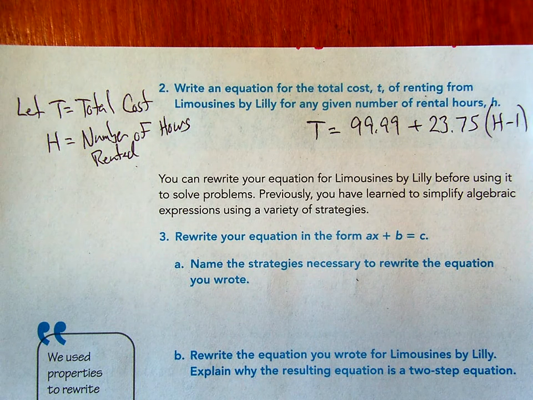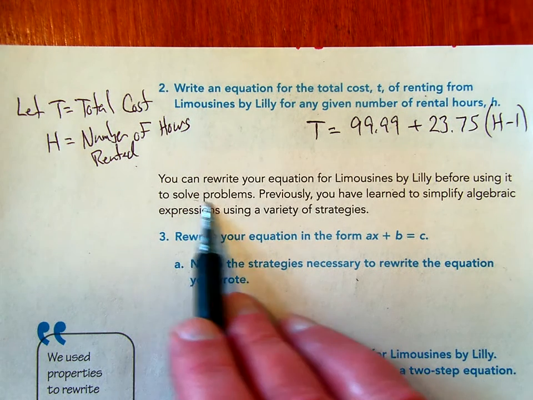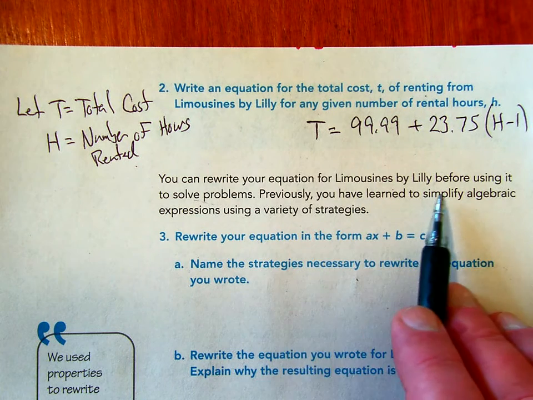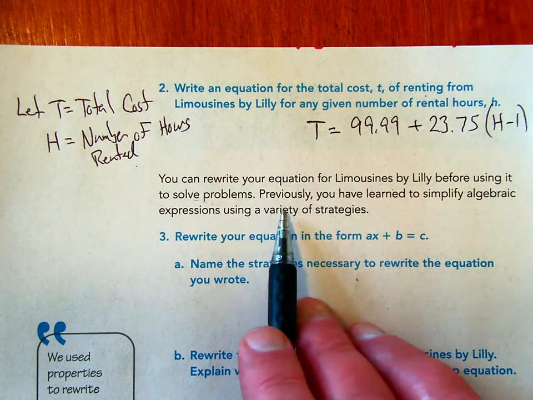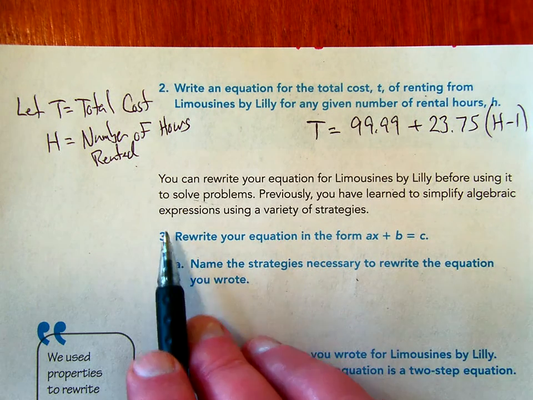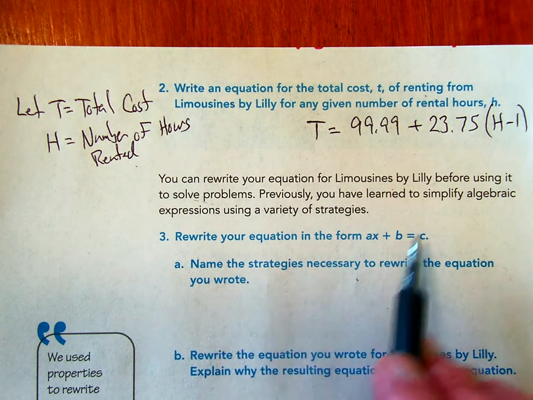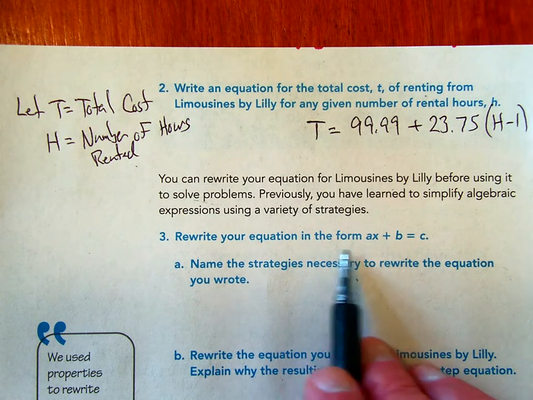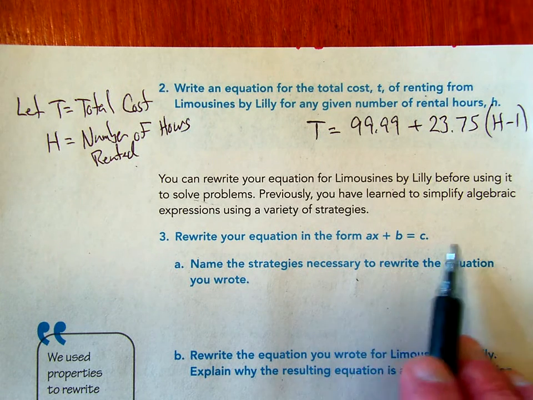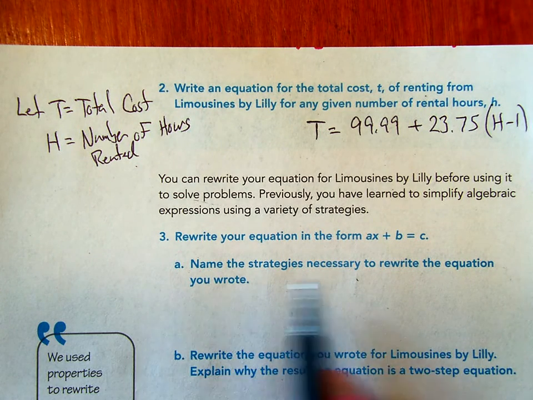So you can rewrite your equation for Limousines by Lily before using it to solve problems. Previously, you learned to simplify algebraic expressions using a variety of strategies. Rewrite your equation in the form ax plus b is c. Name the strategies necessary to rewrite the equation you wrote.